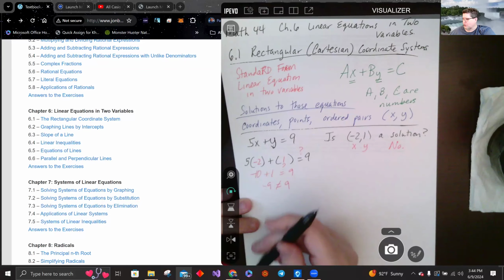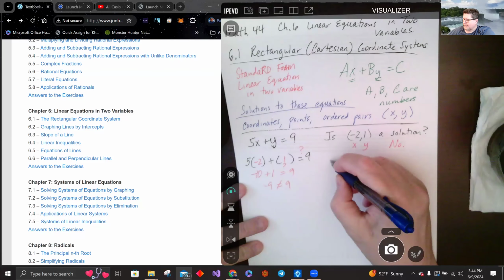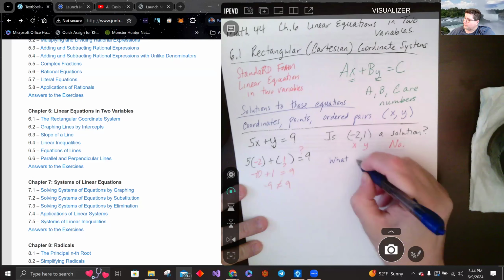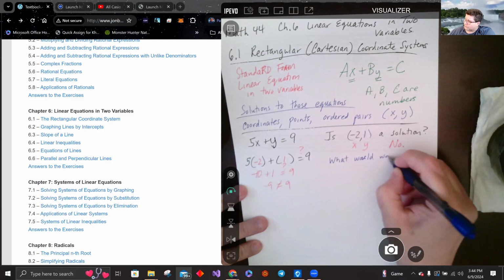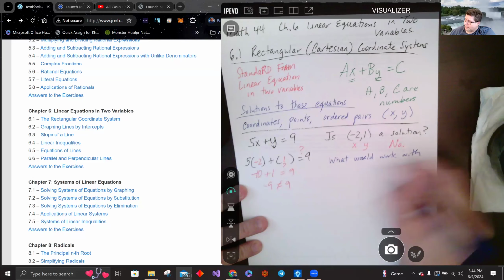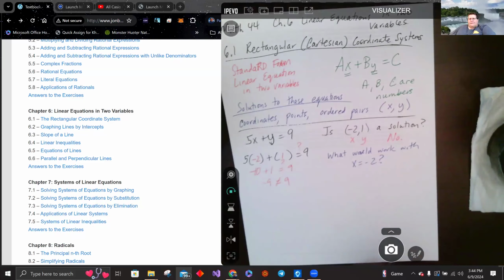So that makes me think, what would work with -2? I can find a y value that -2 would work with.